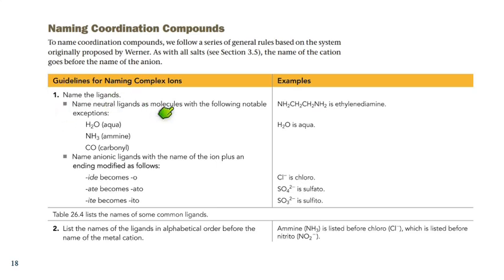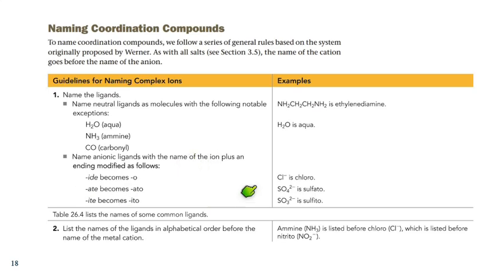Name neutral ligands as molecules. These are exceptions. So instead of calling H2O water, it's called aqua. NH3 is called ammine, 2 M's. And CO is carbonyl. Anionic ligands have the name of the ion plus an ending that's modified.